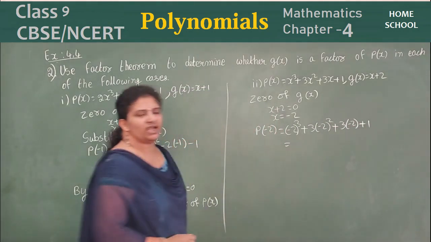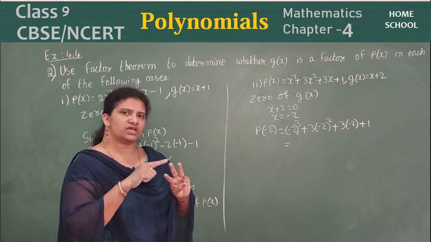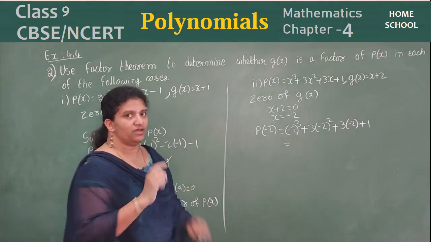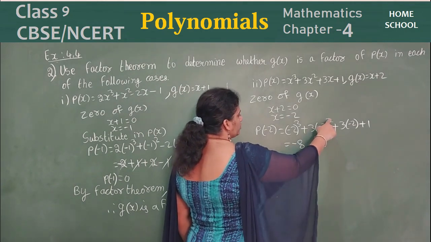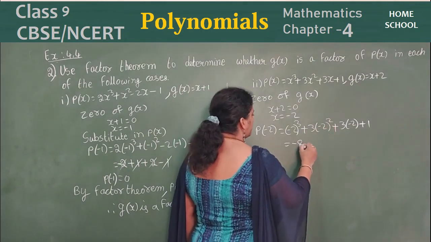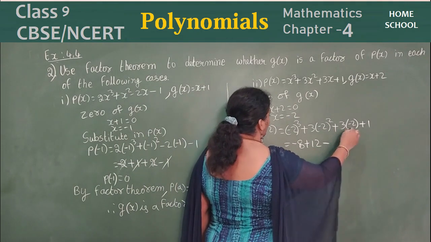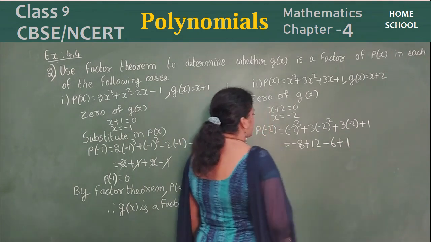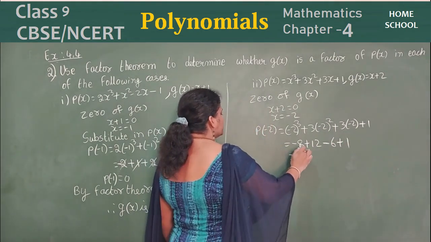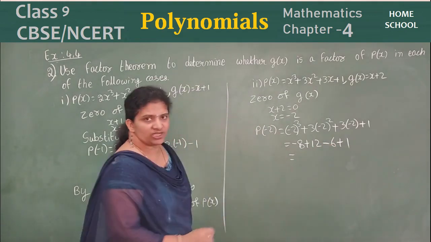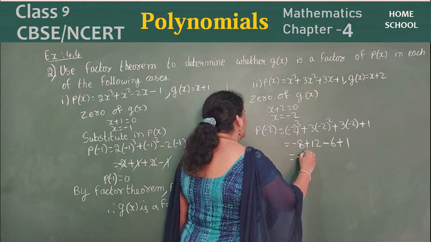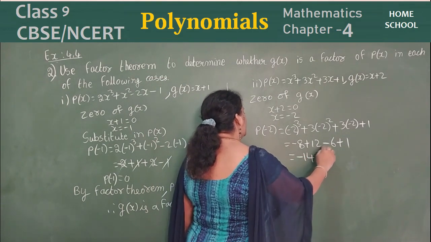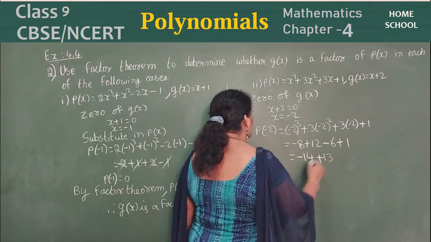Now minus 2 multiply 3 times. 2 2s are 4, 4 2s are 8. Minus 8 and this will be 2 2s are 4, 4 3s are 12 and minus 6 plus 1. So now, 8 plus 6, how much children it will be? 14. Same sign, right? I will write minus 14 plus 12 plus 1 will be 13.